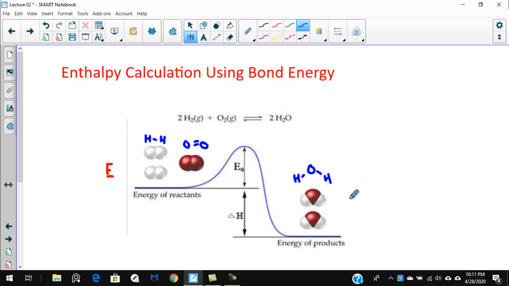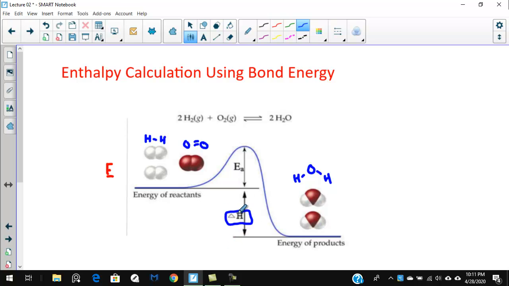Okay. So what this graph is showing is that there is more energy stored in these bonds than there is in the bonds that we end up making in our products. And so that is our change in enthalpy. The difference between the energy stored in the bonds of the products and the energy stored in the bonds of the reactants gives us our enthalpy change.